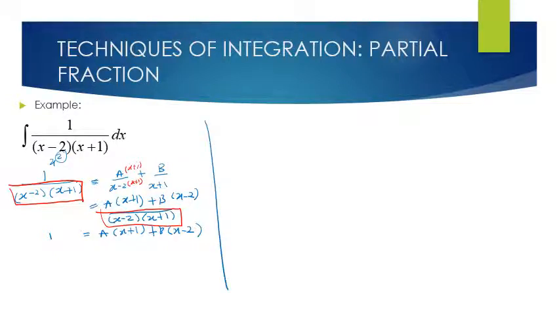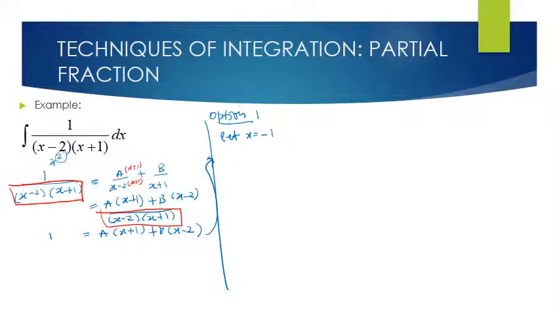Let's try option 1. So we try to substitute. x can be any value, so bear in mind x can be any value. Let's say we choose x equal to -1. We just substitute into this form.